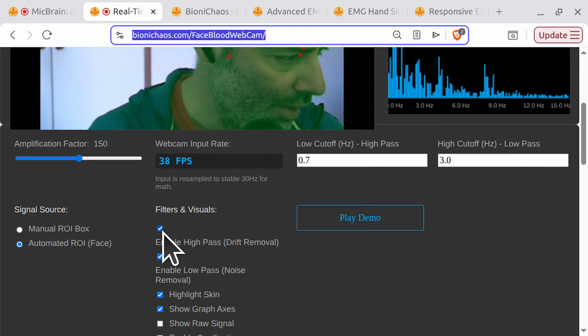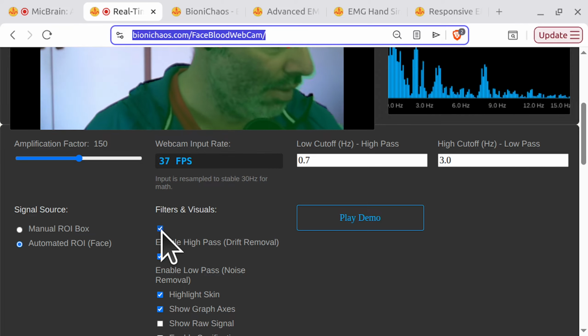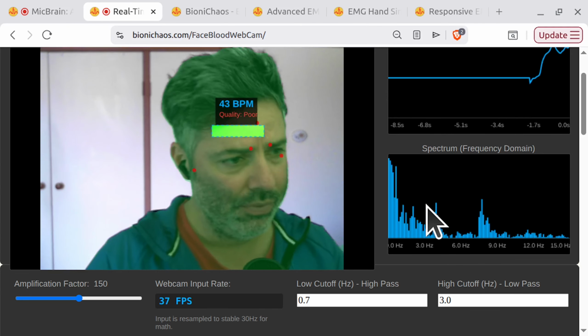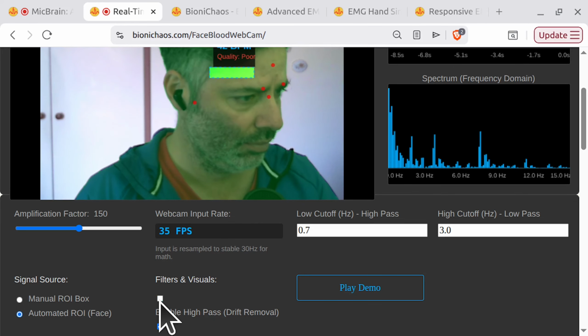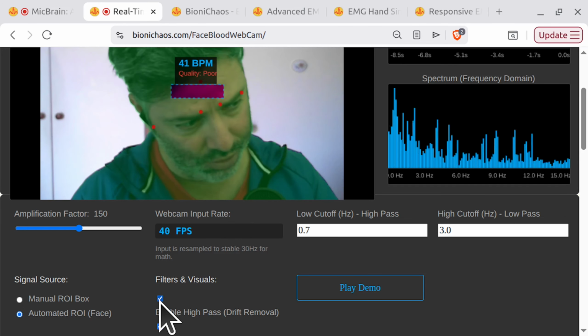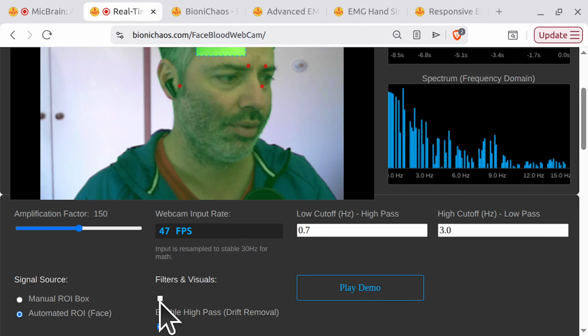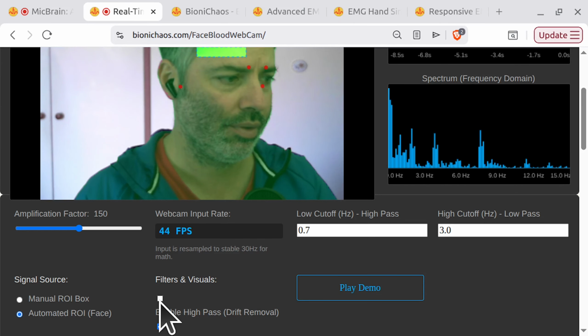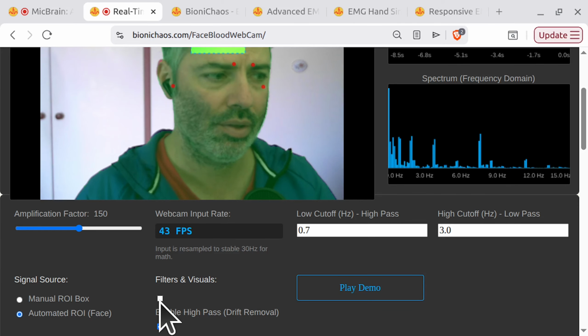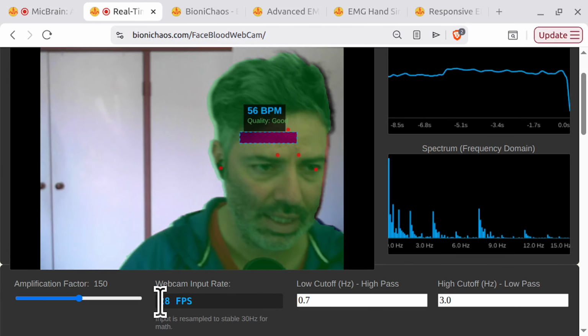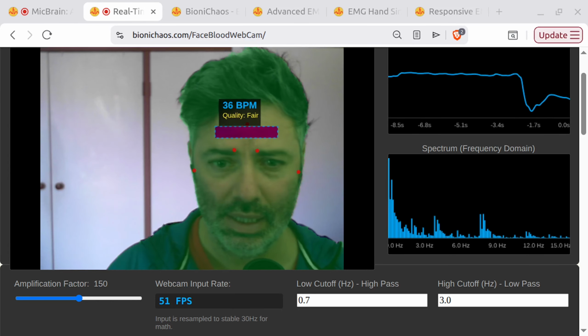So it says here, yes, if you remove it, you can kind of see the change. So we get a noisier signal, do we?